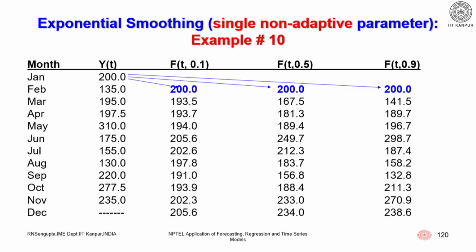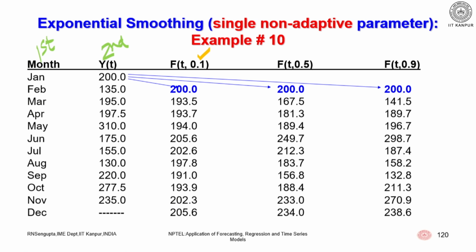Now, let us take a data set and solve the problem. So, this is the single non-adaptive parameter, and this is example number 10, as you can see in the slide. In the first column, we have the month. In the second column, we have y t, which is the actual value, and based on alpha. And what is alpha? In the first case, we are taking alpha as 0.1.